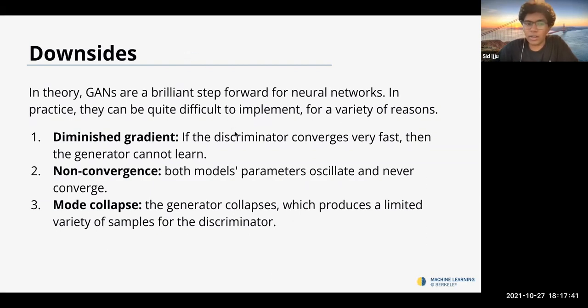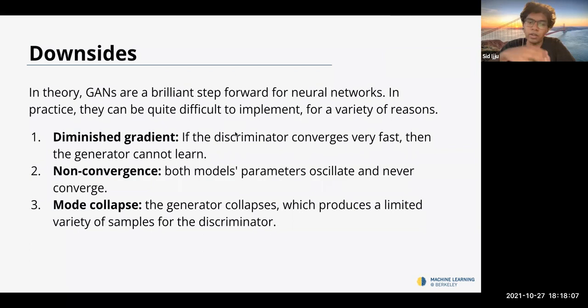Okay. Another problem in GANs in practice is non-convergence. This is the idea that the discriminator and the generator never converge. It's possible in practice that you could have a generator that just keeps oscillating between two different extremes, and a discriminator that also oscillates between two different extremes for the classification.